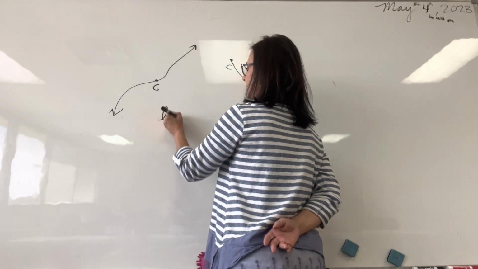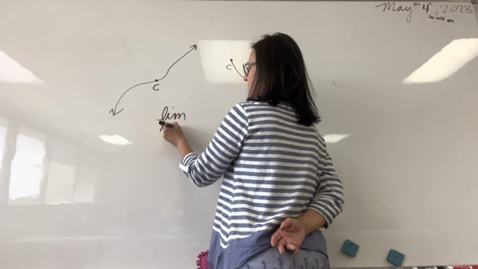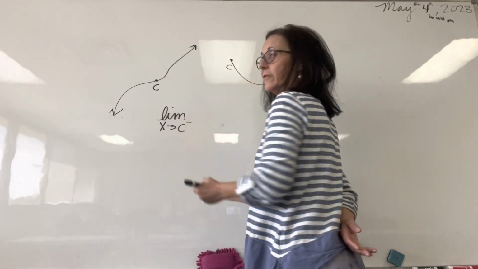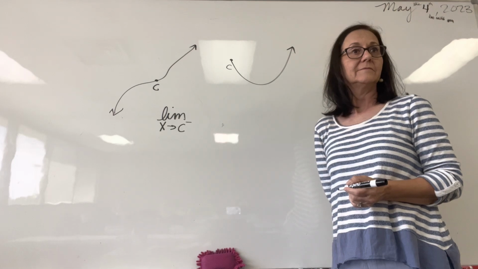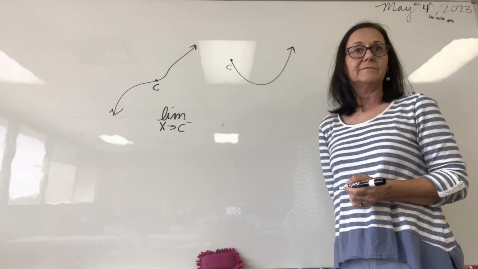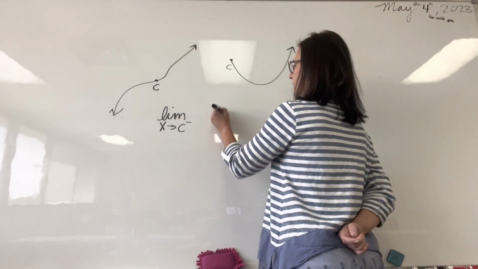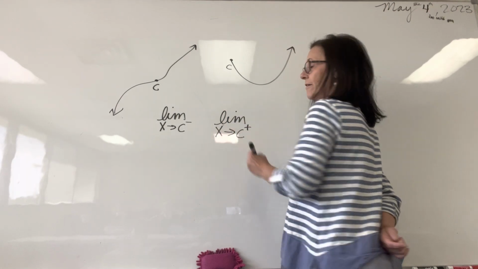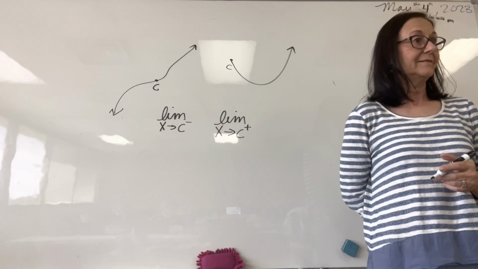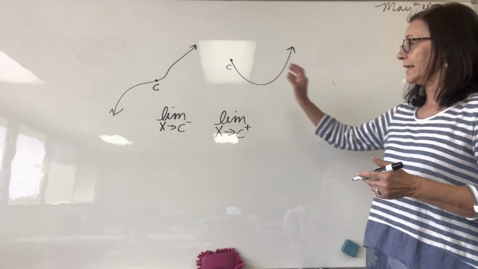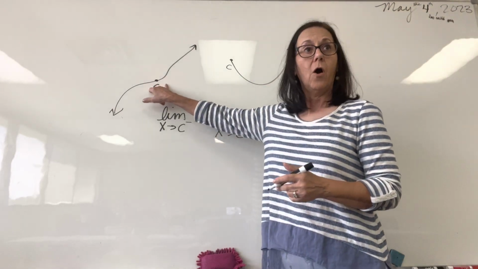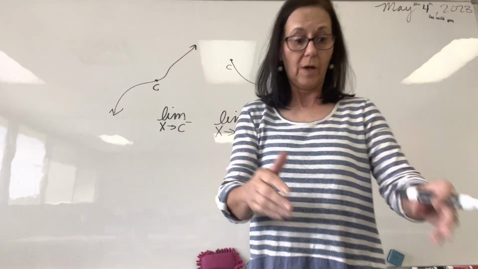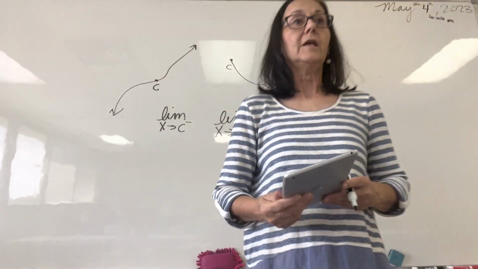We can look at a limit as x approaches C from the left. You see that? Or we can look at limits as x approaches C from the right. So we can look at continuity at an interior point, or from the left or the right to see what is happening to the graph.